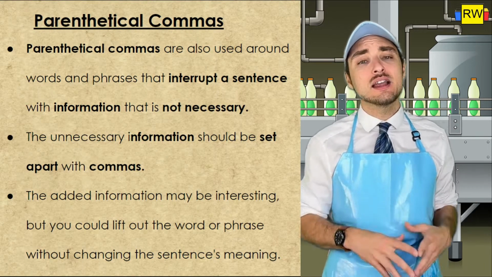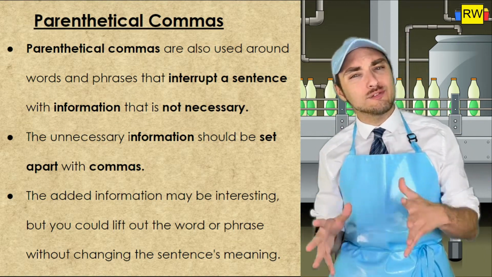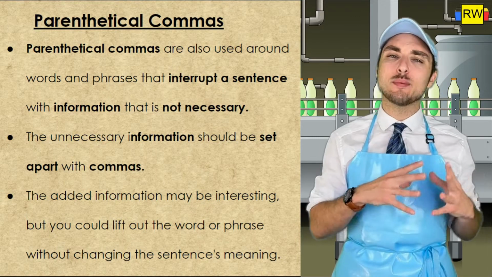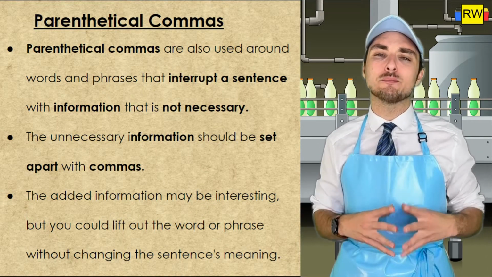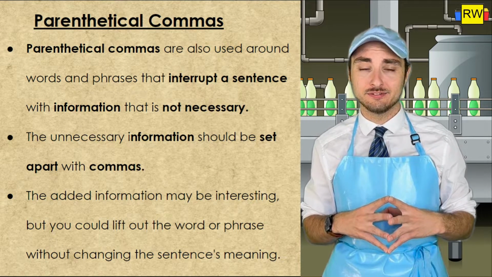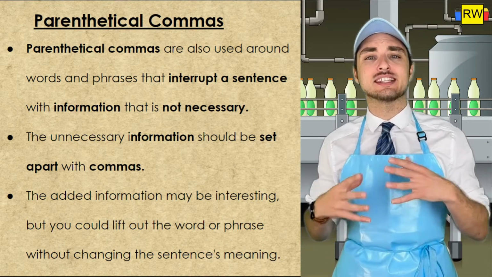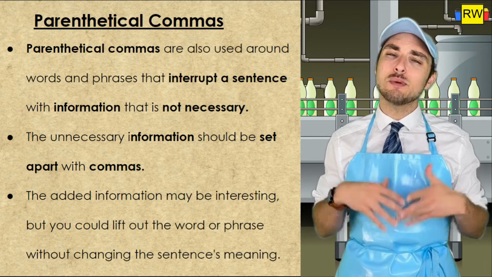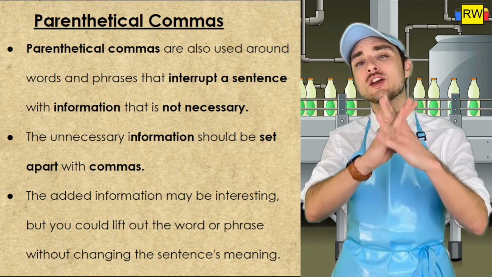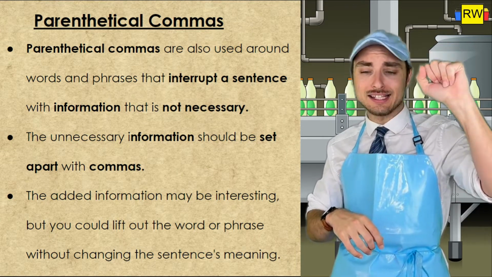As defined, parenthetical commas are used around words and phrases that interrupt a sentence with information that is not necessary. Moreover, the unnecessary information should be set apart with commas to help indicate that, hey, we don't need it in this sentence, but we're adding it for that little spice.